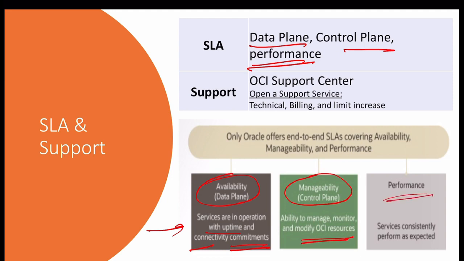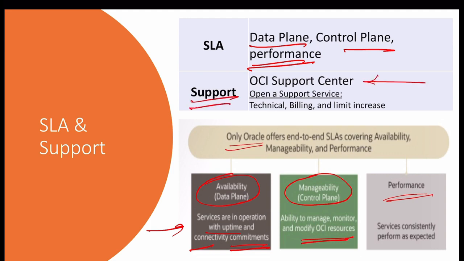And then we have the performance based SLA, where they define the commitment that the services consistently perform as expected. So Oracle is the only cloud provider which provides end-to-end SLA, which covers availability, manageability, and performance.